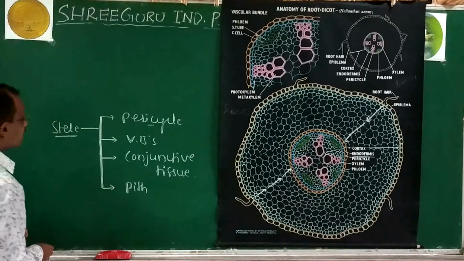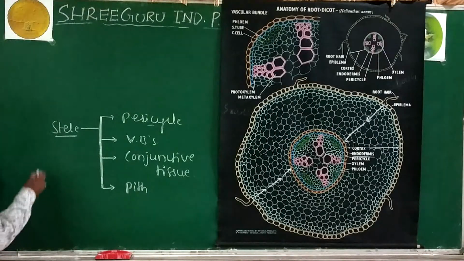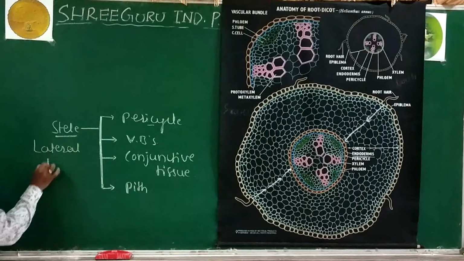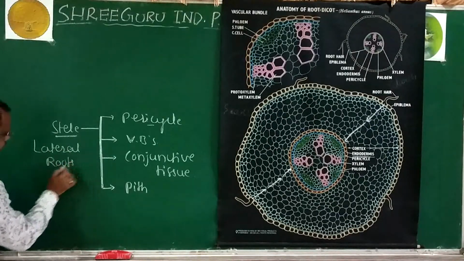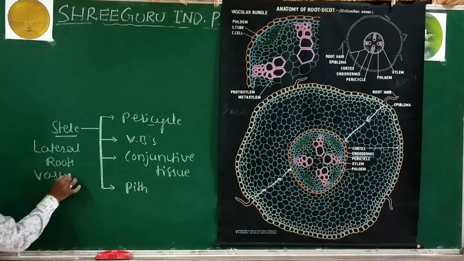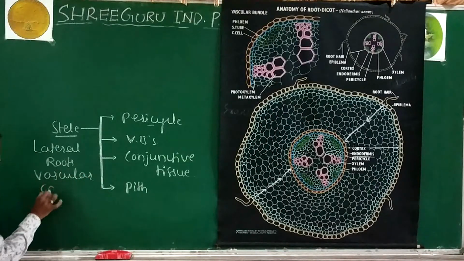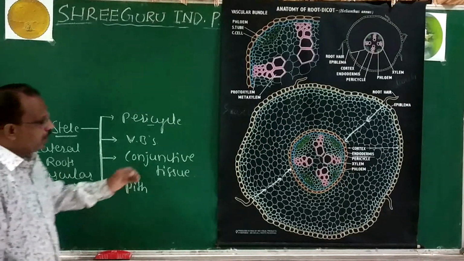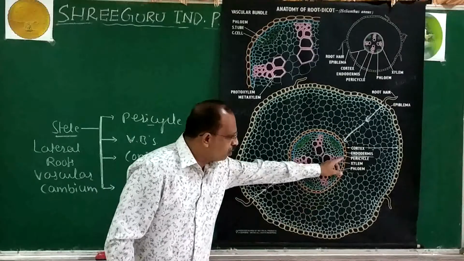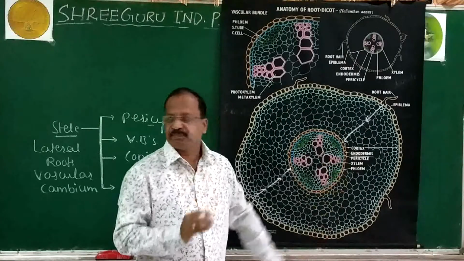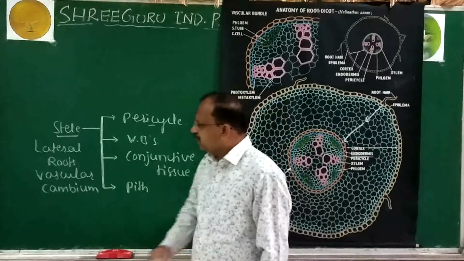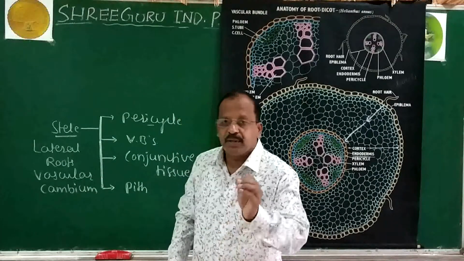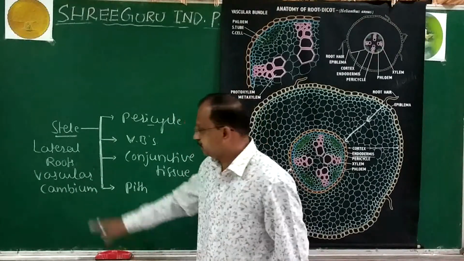It helps in the formation of lateral roots and vascular cambium. It will play a significant role in the development of lateral roots and vascular cambium during secondary growth.